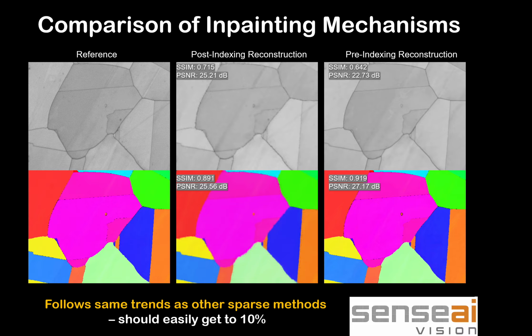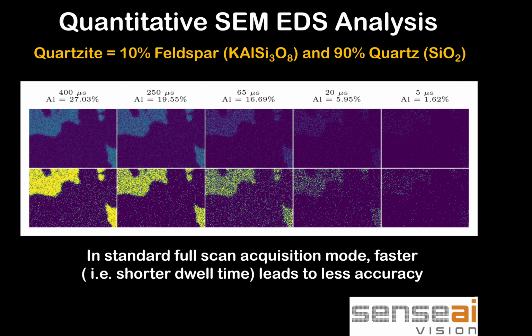But you don't always have to have the same resolution as you have with 100% sampling. If you have beam damage, if you have charging, if you have contamination, there are all kinds of problems, then it's better to do it that way and to get a lower sparsity and lose something in the reconstruction than have nothing at all.